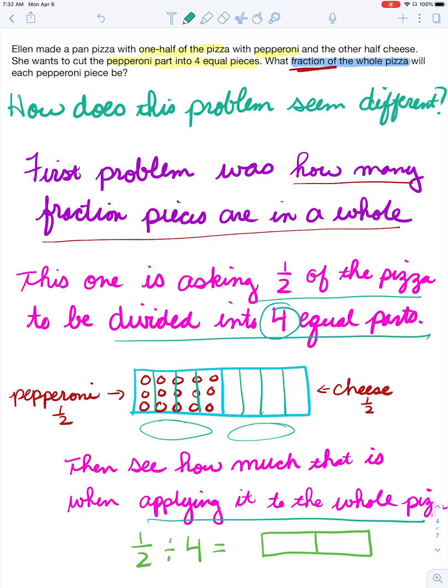This is now going to tell me what is the fractional piece of one piece of pepperoni compared to the whole pizza. And the whole pizza is now divided into how many sections, Nathan? 1, 2, 3, 4, 5, 6, 7, 8. Very good. Where would that go, Nathan? Very good. That's going to go at the denominator level. And then we're going to look at how many total pieces I want to know about.